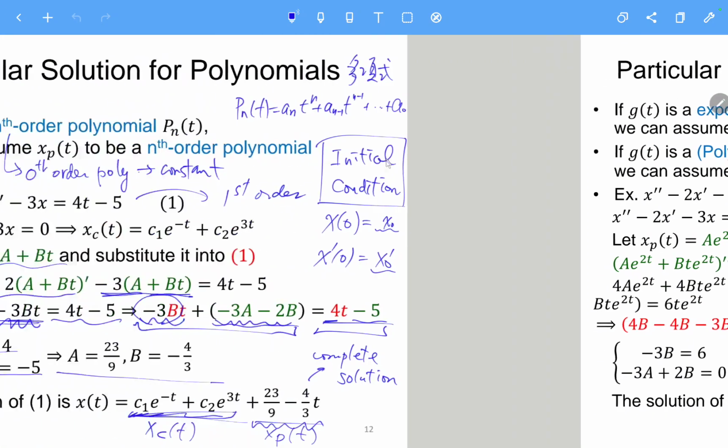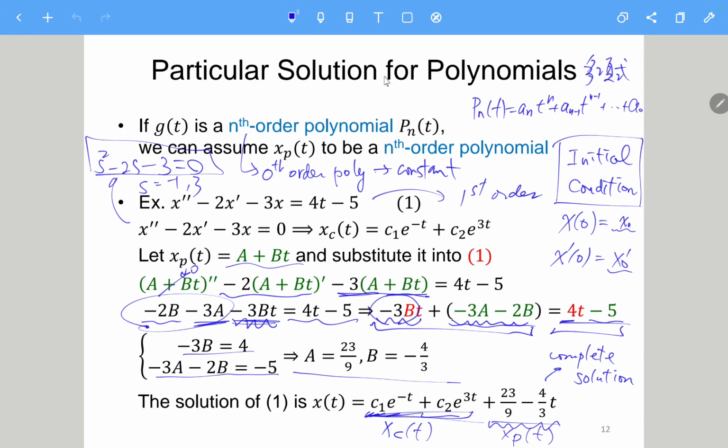Okay, so just now was the easiest case, the polynomial. If you have an nth order polynomial, the particular solution is also an nth order polynomial. If it is a zero order polynomial, which means g of t is a constant, then the particular solution is also a constant.